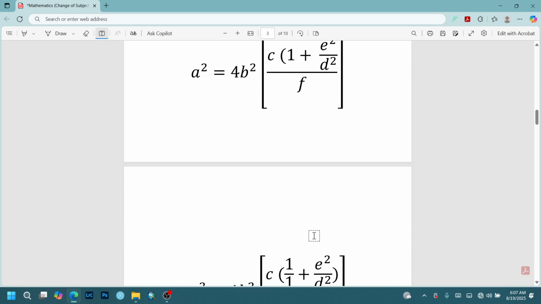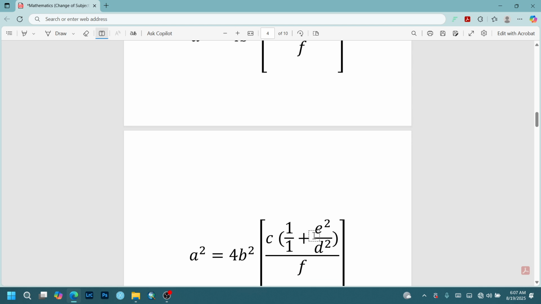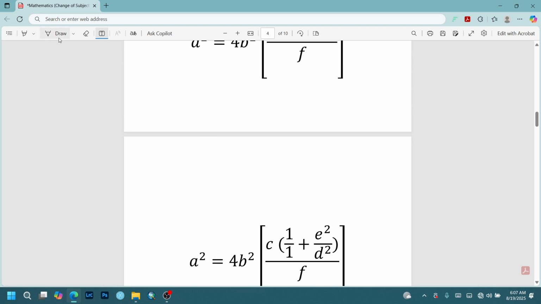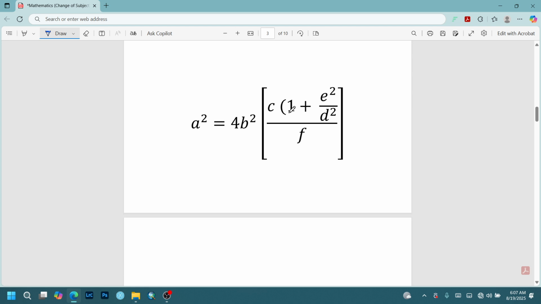So we simplify, right? So this one here, every number has an invisible one, okay? So this one has an invisible one. So when you are simplifying, you solve for the one in bracket first, right?